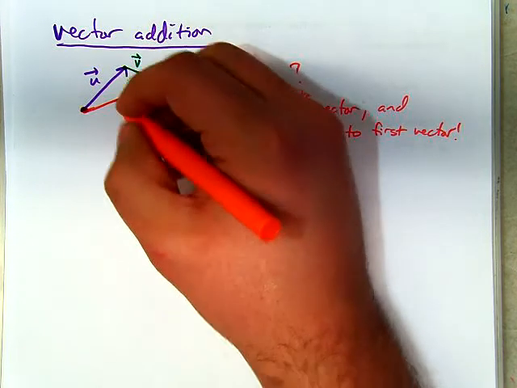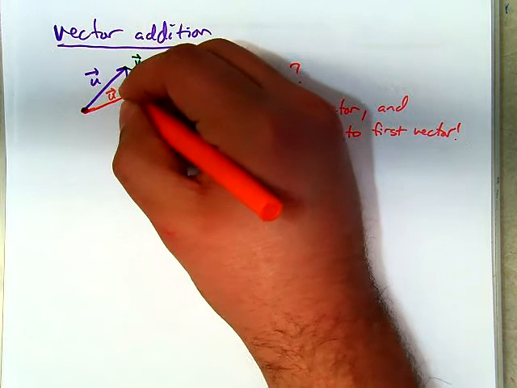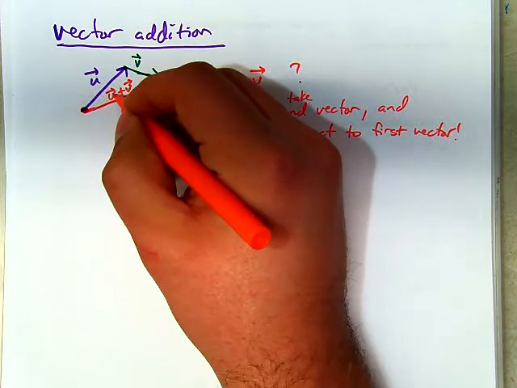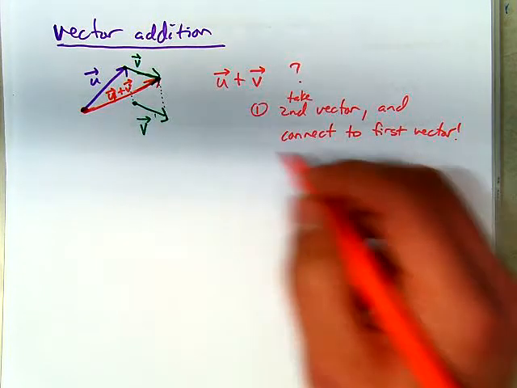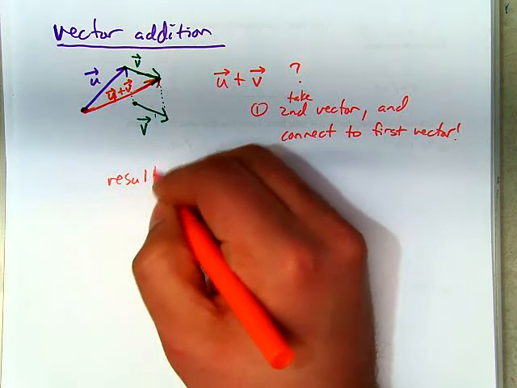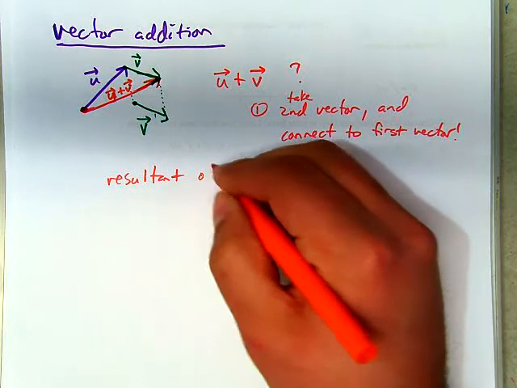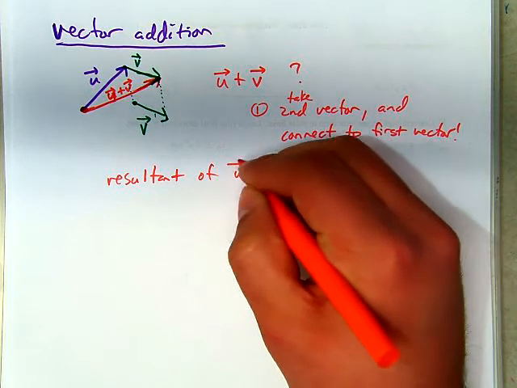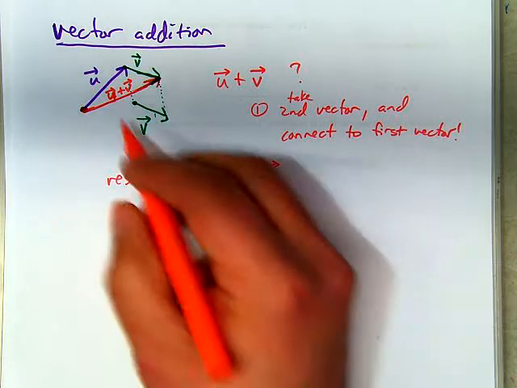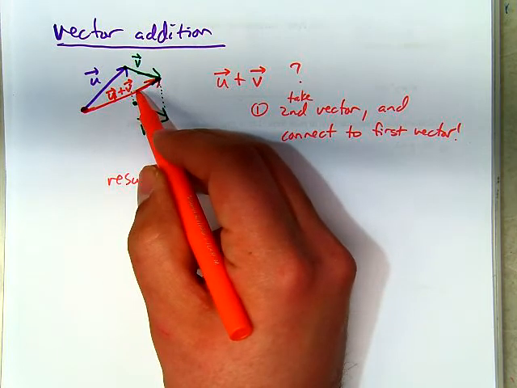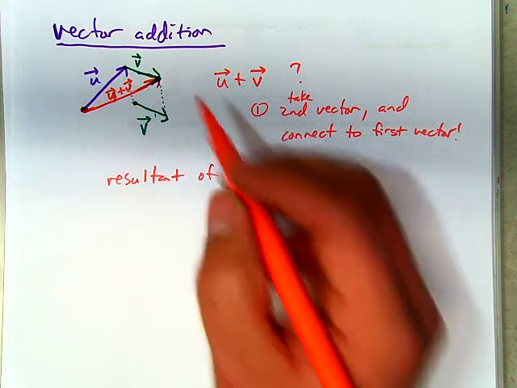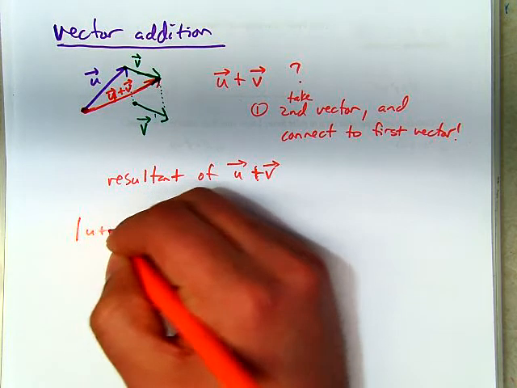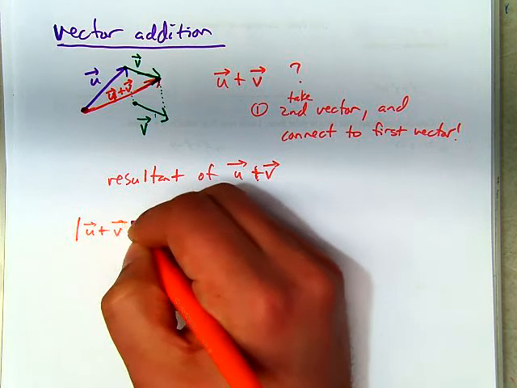Okay? So this orange vector is considered the vector of U plus V, which sometimes we call the resultant. The resultant of U and V is going to be this vector here. If I wanted you to find this, we'll do an example in a minute.